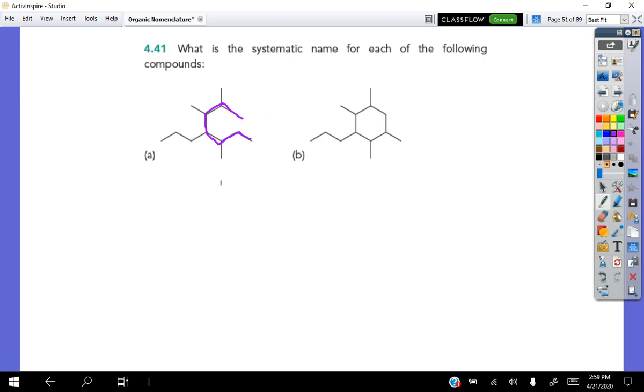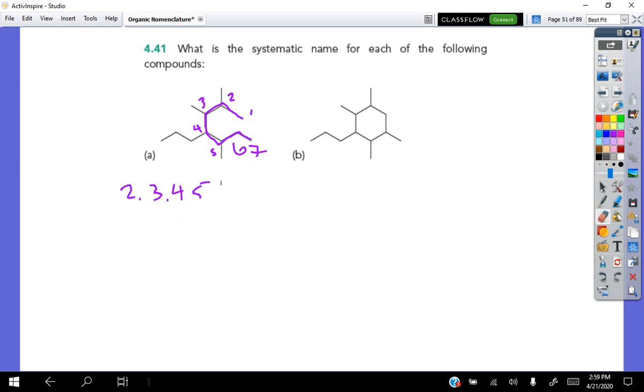I number from the top, 1, 2, 3, 4, 5, 6, 7. My substituents end up with the numbers 2, 3, 4, and 5. If I were to number in the other direction, my first substituent would end up on 3. So I know that this is the better method to number in because my first substituent ends up on 2.